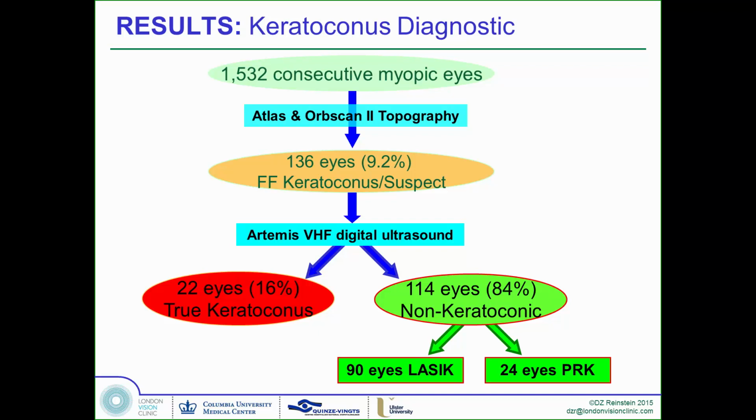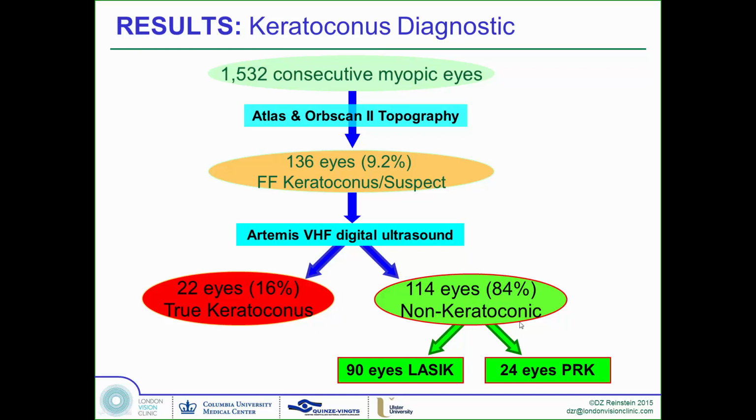These 9% of patients underwent epithelial thickness mapping. The epithelial thickness mapping resulted in us diagnosing true keratoconus in 16% of the equivocal cases, but 84% of the equivocal cases came out as being non-keratoconic.